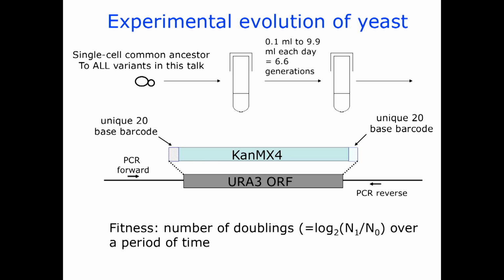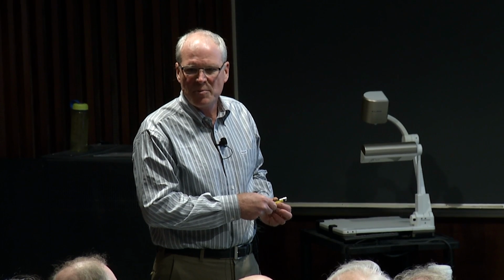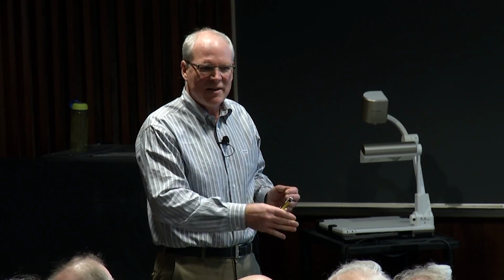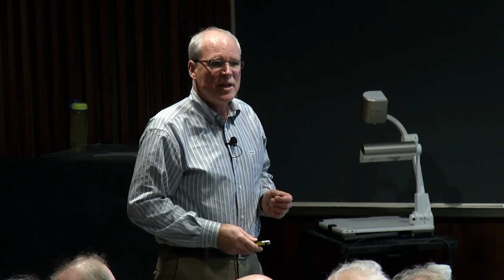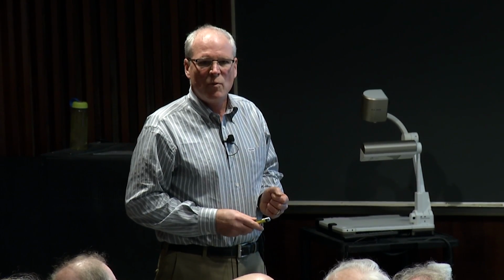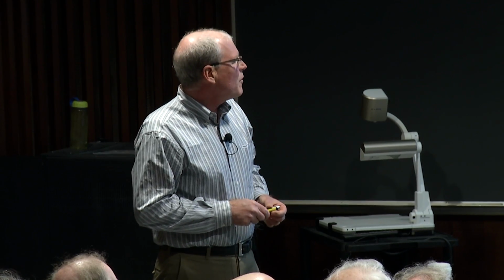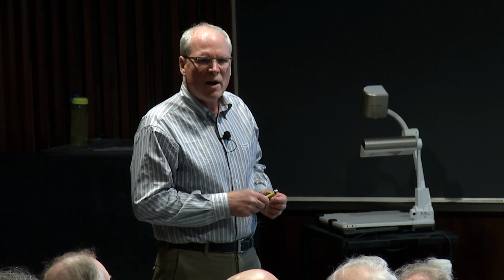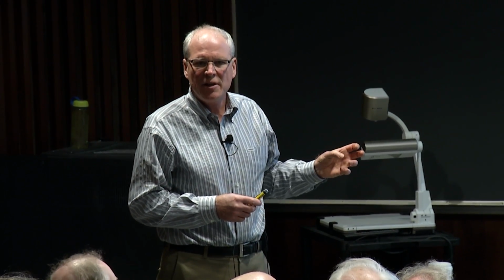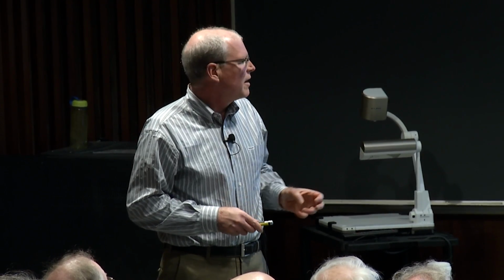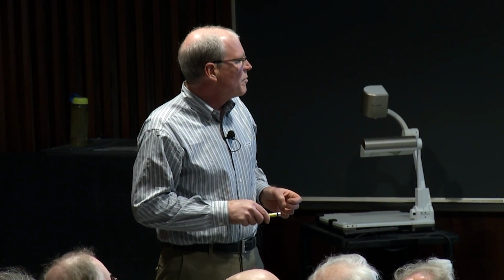We use those in a number of ways. It's a check. They represent a check on contamination, which can easily happen in these experimental systems where there's a daily probability of a mistake, and you need to be able to identify that when and if it happens. And we can also use the barcodes to quantify the abundance of a particular genotype in a mixture of cultures. And we're using a very simple measure of fitness.